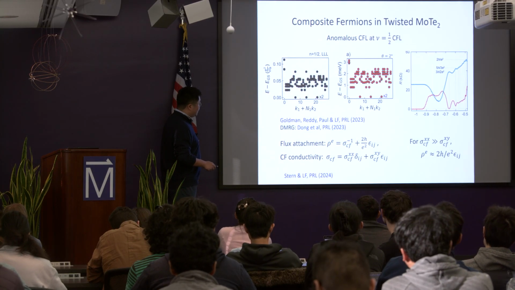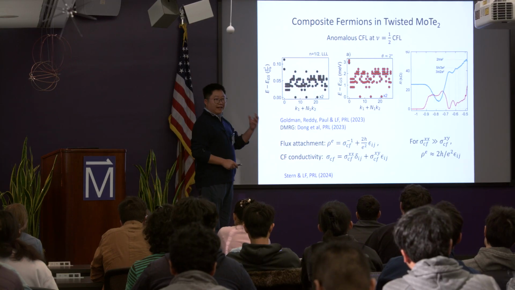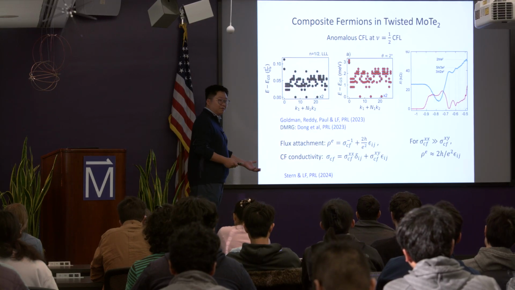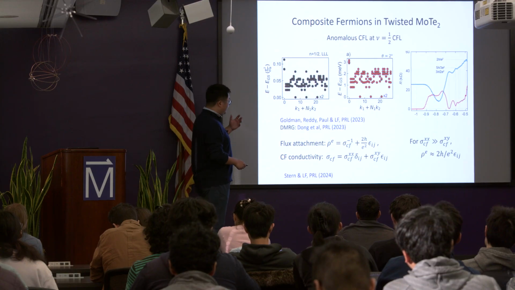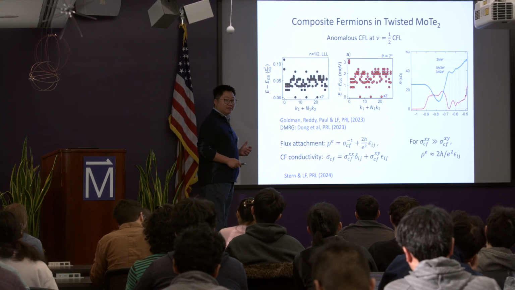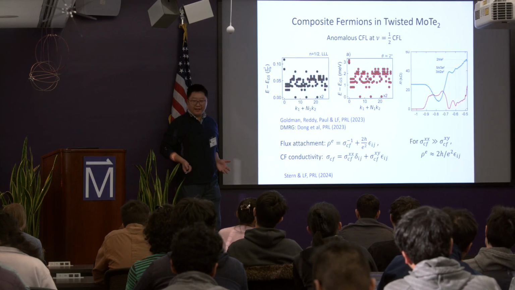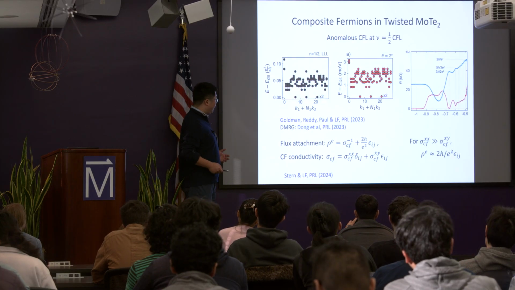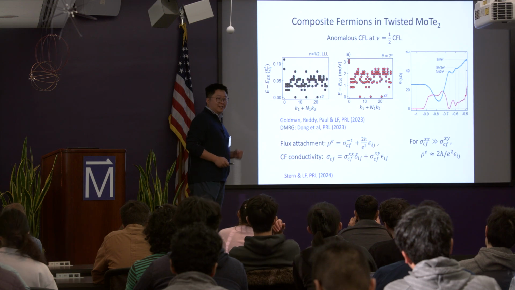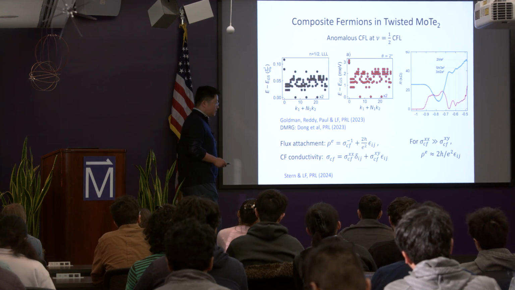The rule says that the resistivities add up. If you want to view an electron as a composite of some fractionalized parts, each part has its own resistivity. Then the resistivity tensors of the constituents add up to give you the resistivity of the underlying electron. Roughly speaking, the one that is most resistive becomes the bottleneck for the electron.